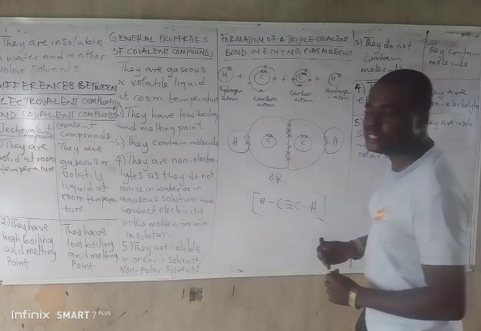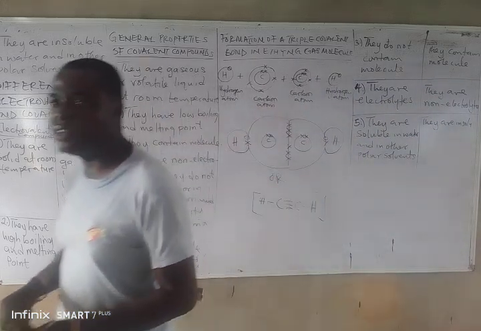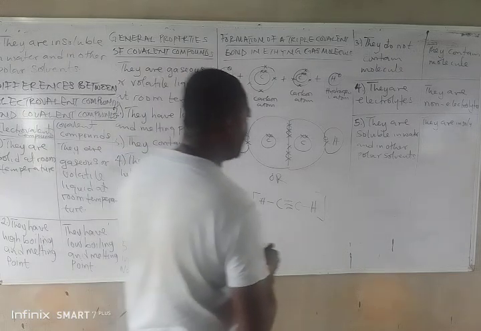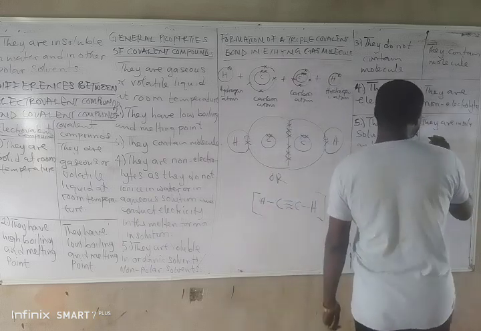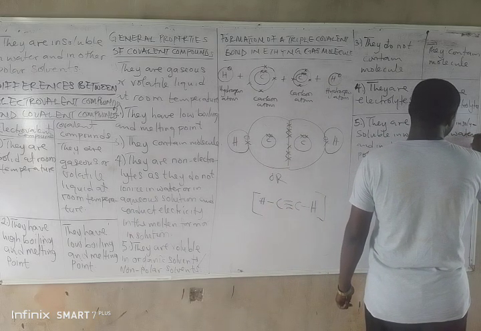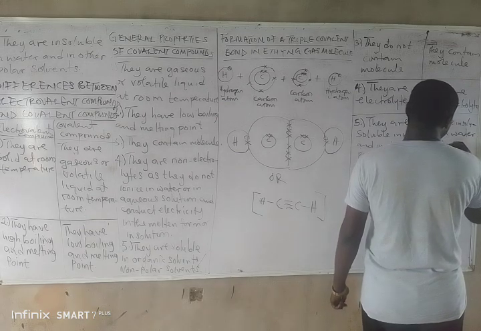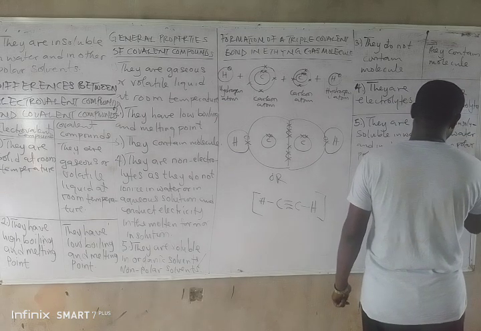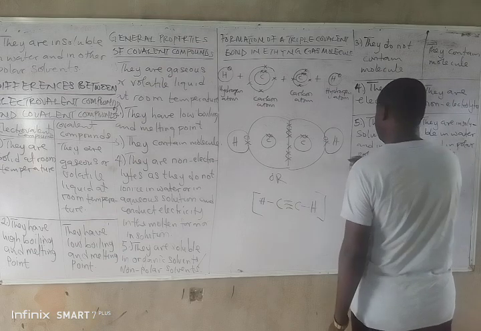A polar solvent is a solvent that contains both positive and negative ions. You know that a water molecule contains a hydrogen ion, which is positive, and a hydroxide ion, which is negative. So that makes it polar. So these ones are insoluble in water and in polar solvents. They can't dissolve in polar solvents.